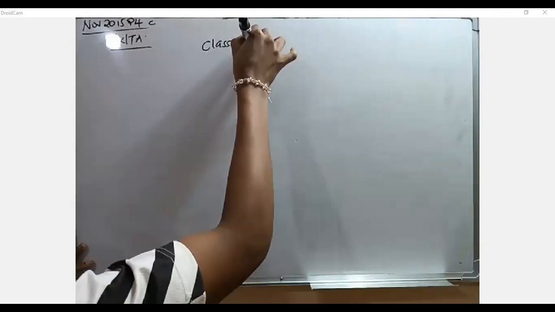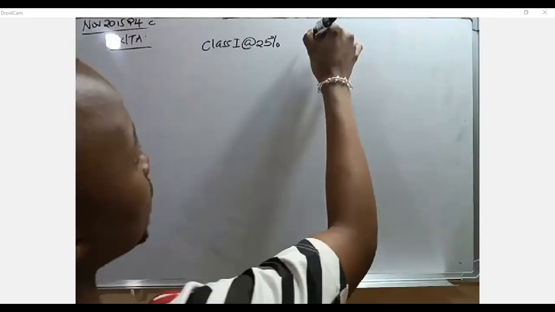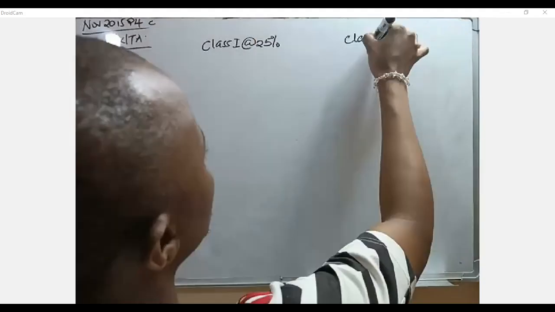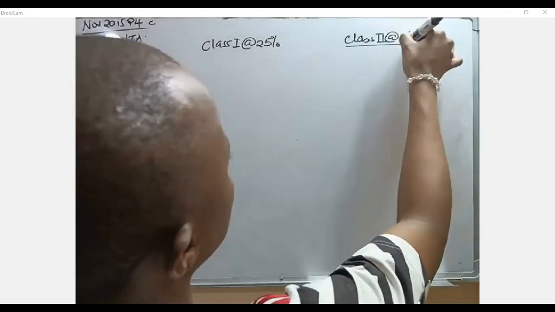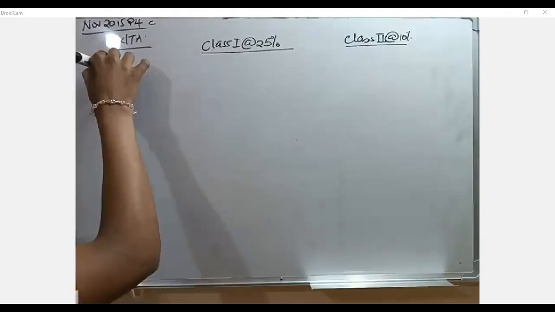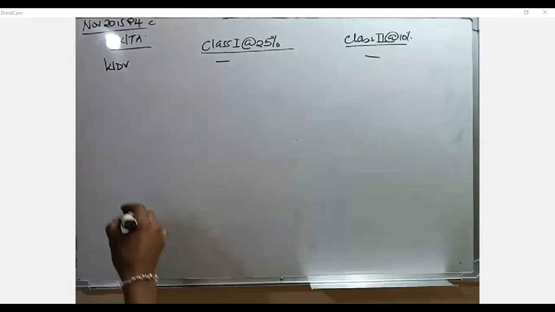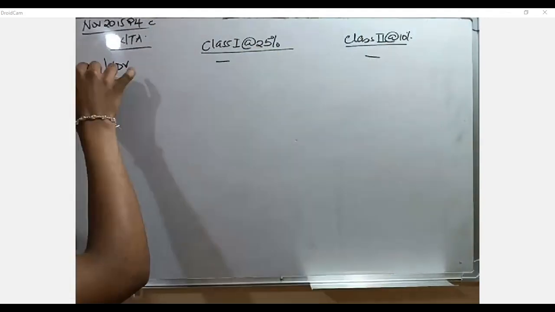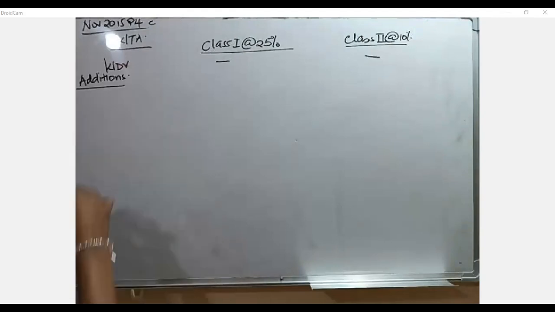We have class 1 at the rate of 25%, and class 2 at the rate of 10%. You normally start with the written down values, if there are any. Then the assets we buy during the year are called additions.